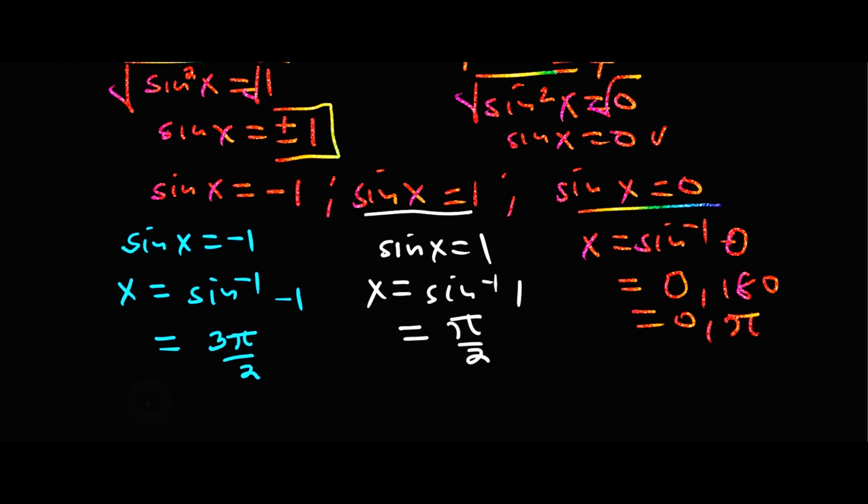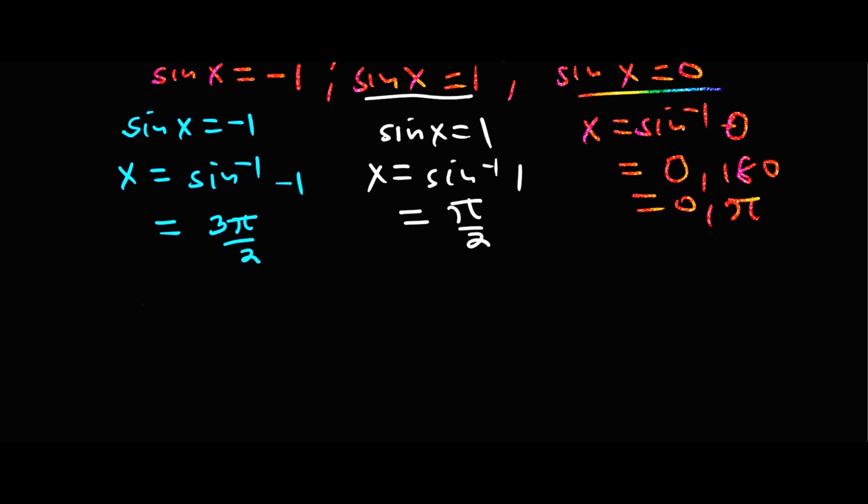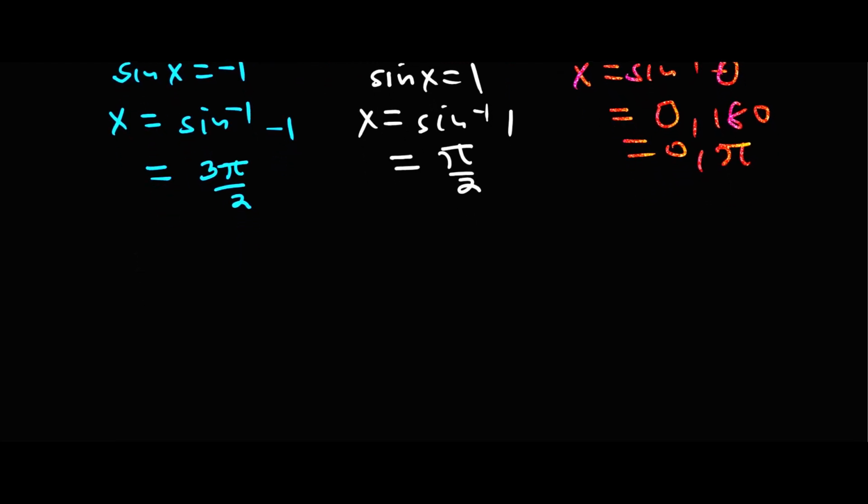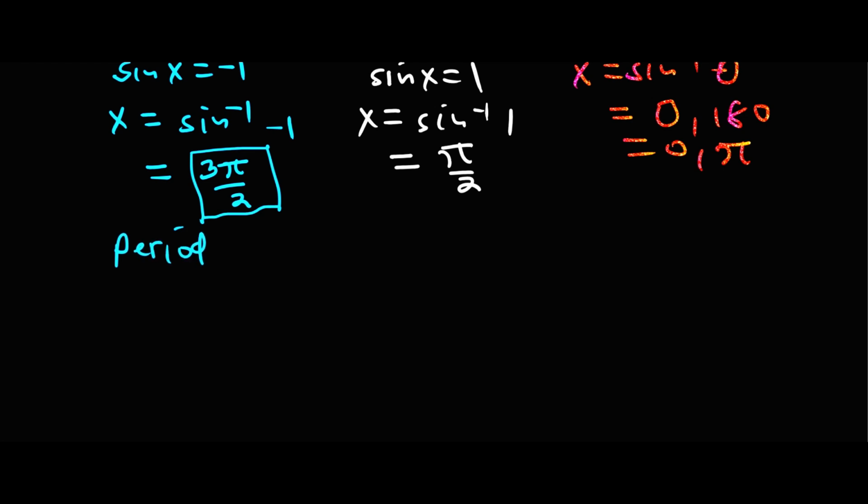So remember, we are not given the limit within which we were to get the value of x. So for the first case, this is the primary sine inverse of negative 1. But since we do not have the limits, we can use the period for the sine function, and the period for the sine function is given by 2 pi.